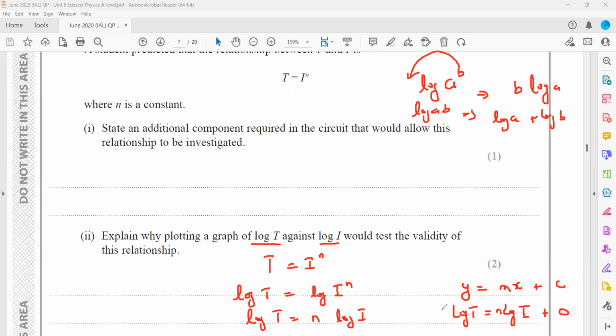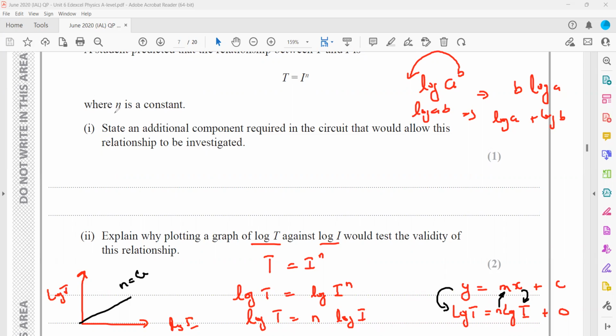If we plot log T on the y-axis and log I on the x-axis, what will be the gradient of this graph? The gradient will be n, and it will be a straight line starting from the origin. So if this relation was valid, then when we plot a graph between log T and log I, it should be a straight line, because n is constant here.